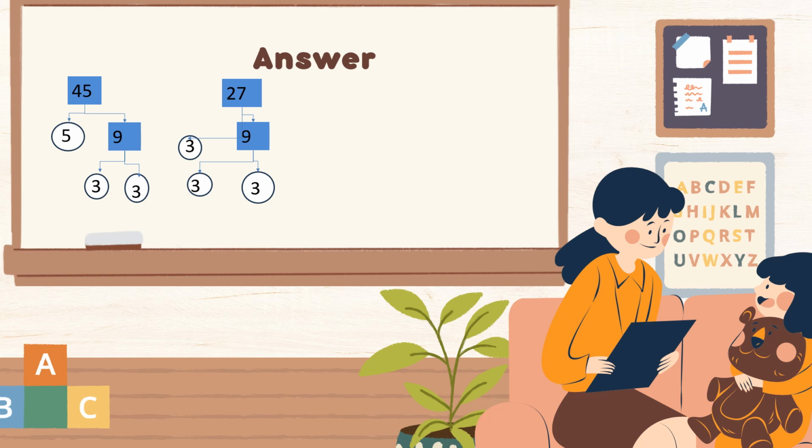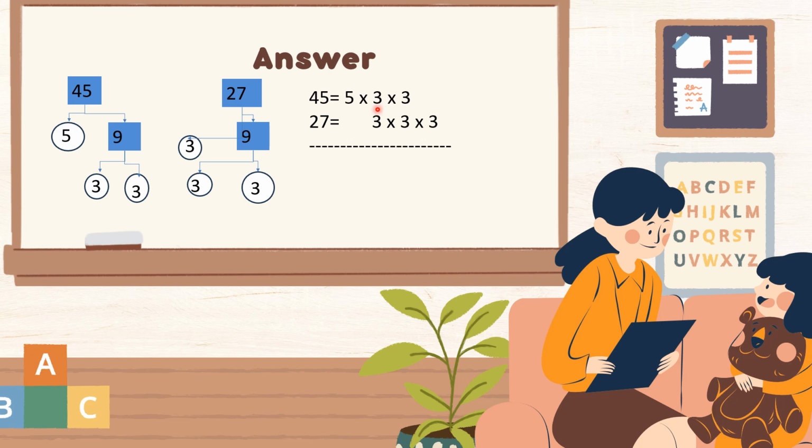So we will write the prime factorization for both numbers and consider the common factors. Yes, this is the 45, 5 multiplied by 3 multiplied by 3. 27 is 3 multiplied by 3 multiplied by 3.